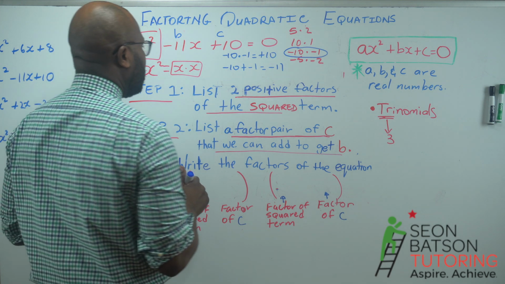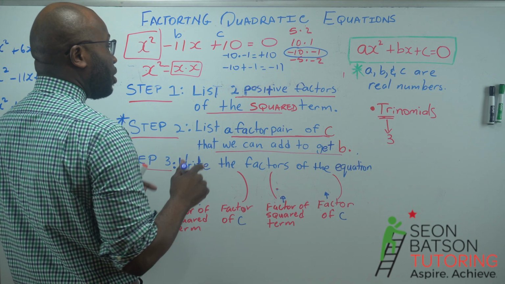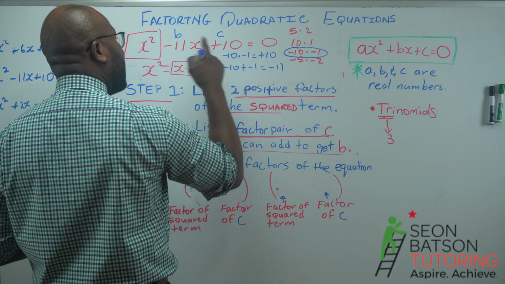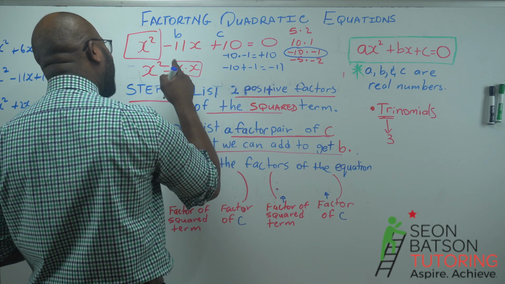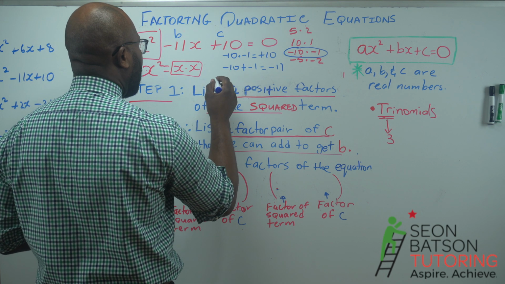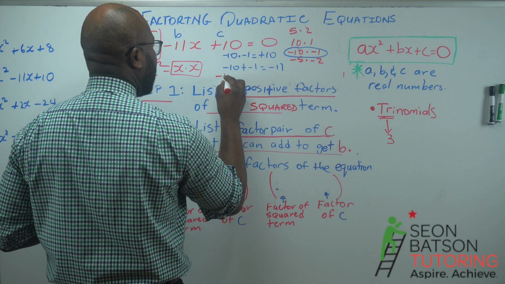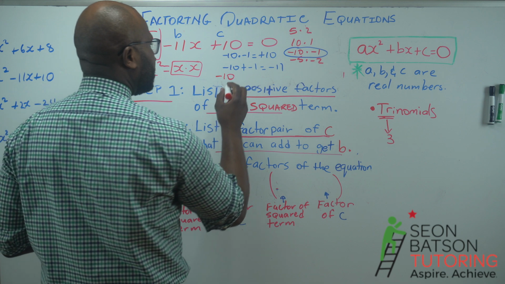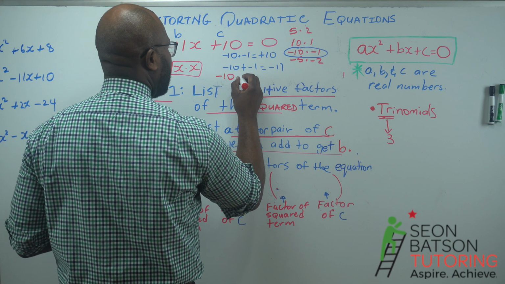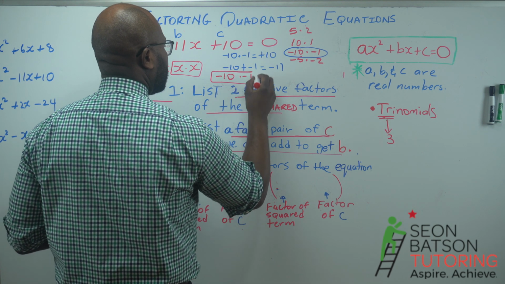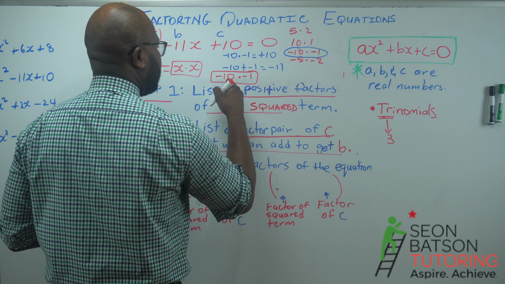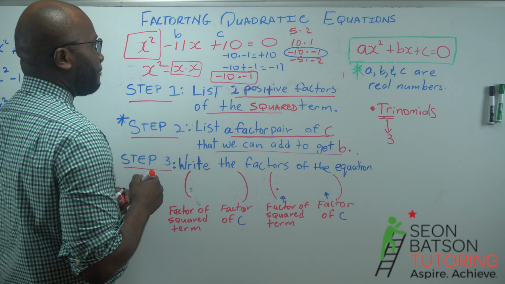Clear? So the factor pair of positive 10 that we can add to get negative 11 are, let's put it in red, negative 10 and negative 1. Yeah? Negative 10, negative 1.